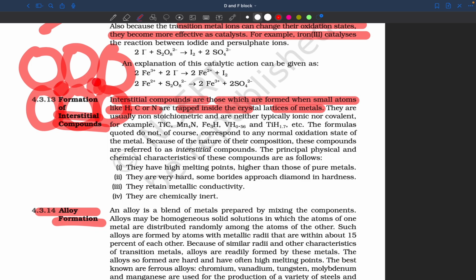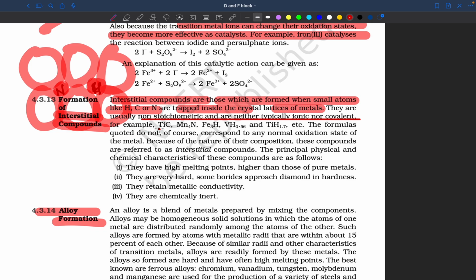In these interstitial spaces, elements like carbon, nitrogen, hydrogen can come and get trapped, and they give non-stoichiometric compounds which are neither typically ionic nor covalent.